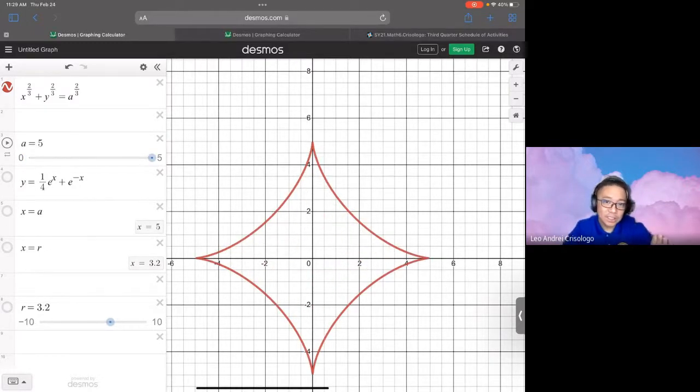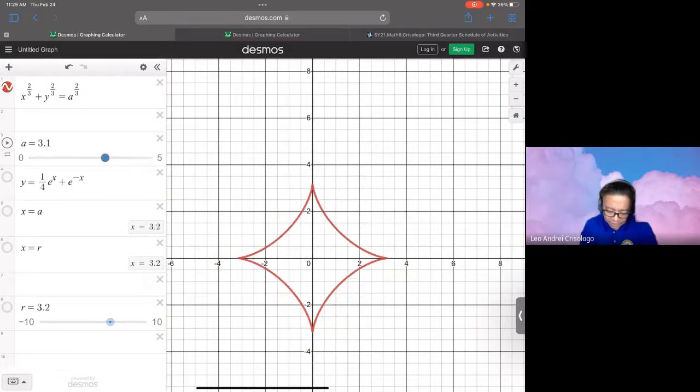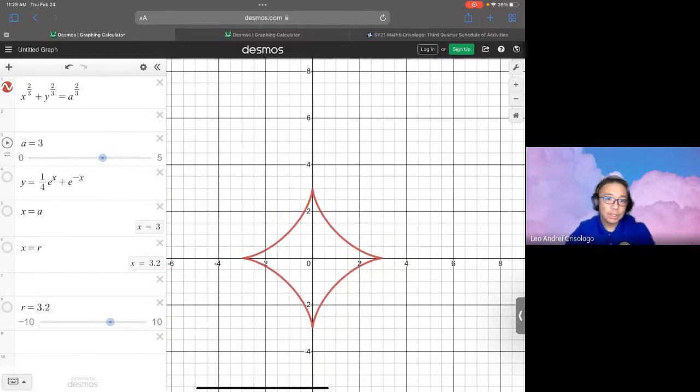Notice that the vertices of the figure are at negative 5 and 5 on x, and negative 5 and positive 5 on y. And whatever the value of a is, that is the location of the four vertices at negative x, positive x, negative y, positive y. So what we want to do is essentially to find the perimeter of this figure.